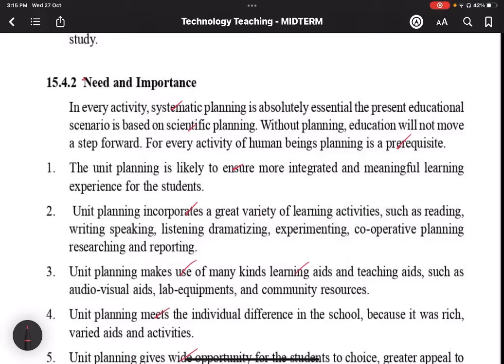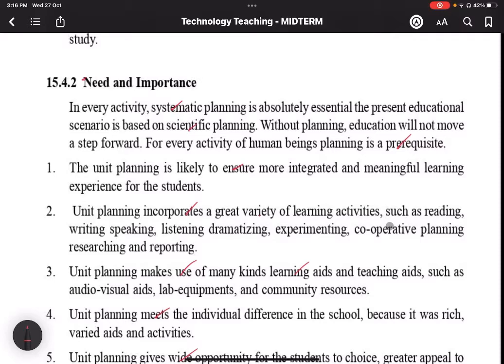That is unprofessional. So, ito yung ating goal, ito yung ating importance, ito yung need, kung bakit kailangan natin ng unit planning. Ensure, siguraduhin, more integration and meaningful learning. No? Unit planning incorporates, no? Tinetake natin into account the great variety of learning activities.